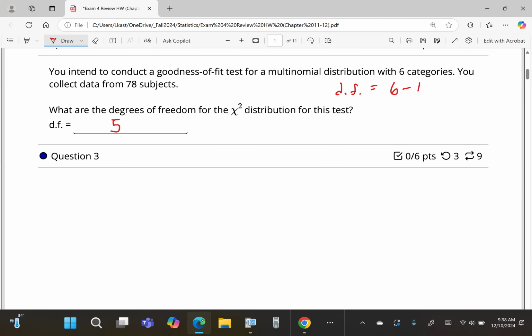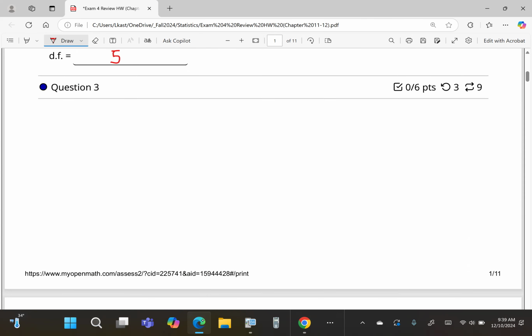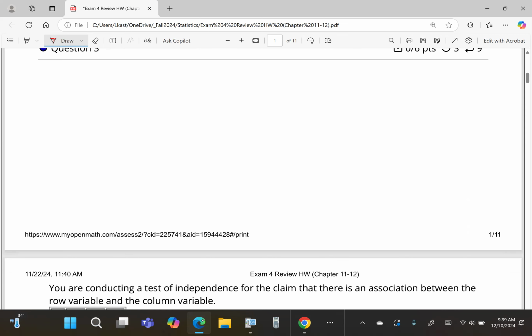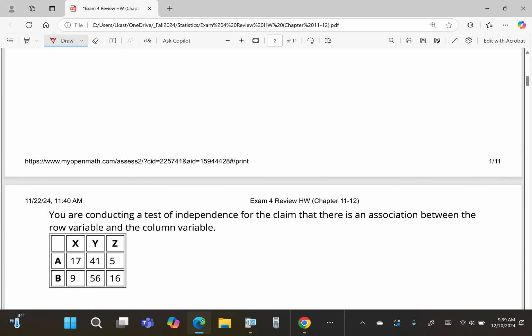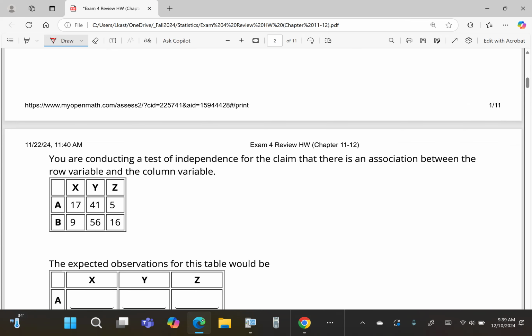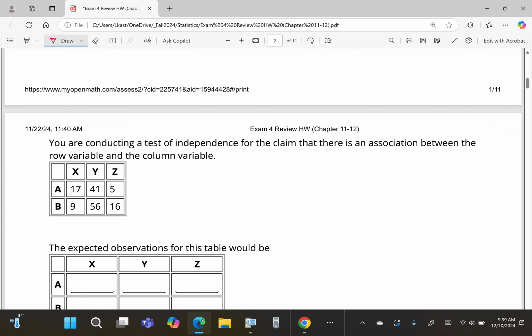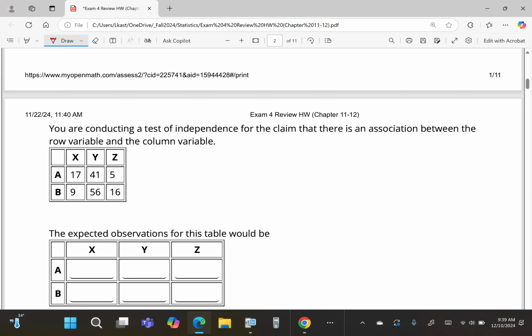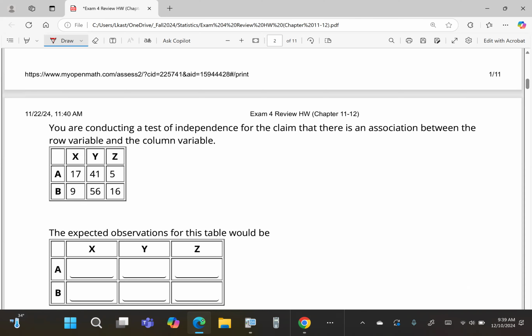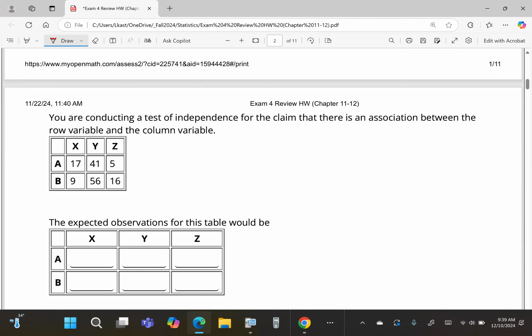Next problem, question 3. We're conducting a test of independence for the claim that there is an association between row variable and column variable. Right, so what's the first thing we need to do?